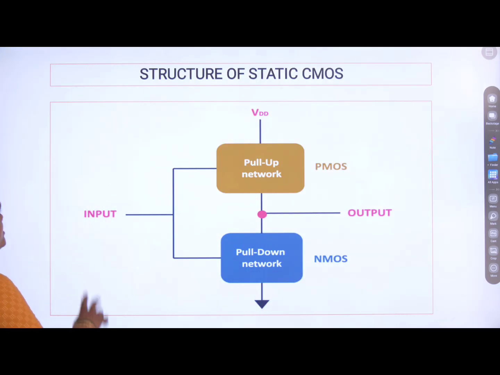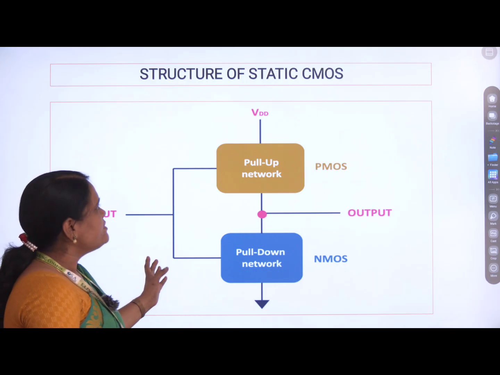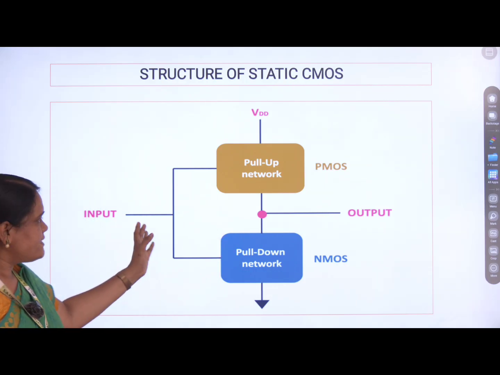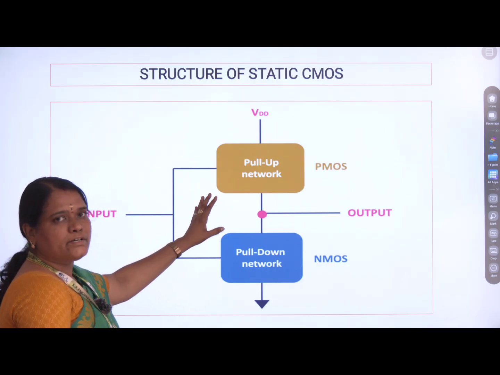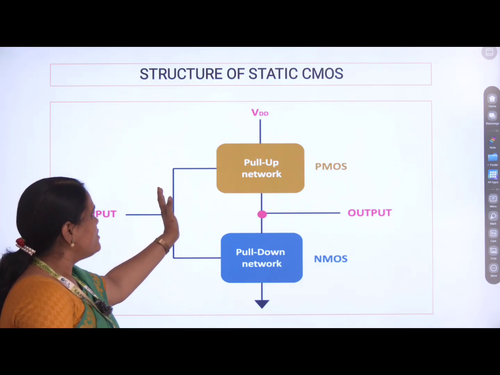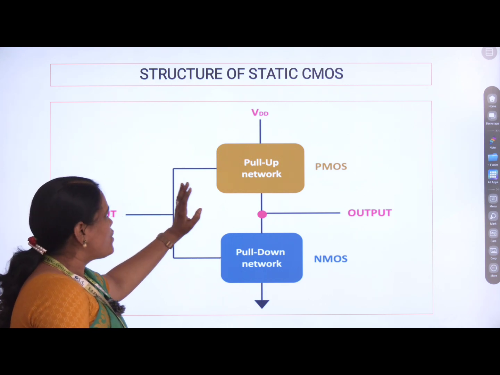Yes, structure of static CMOS. This is our generic structure of static CMOS. While designing any gates or digital circuits using static CMOS, we need to use it as a basic concept.